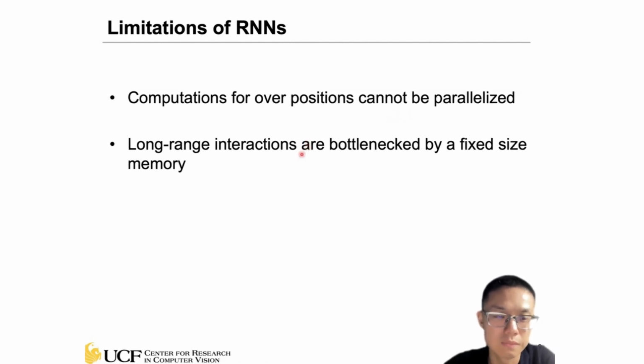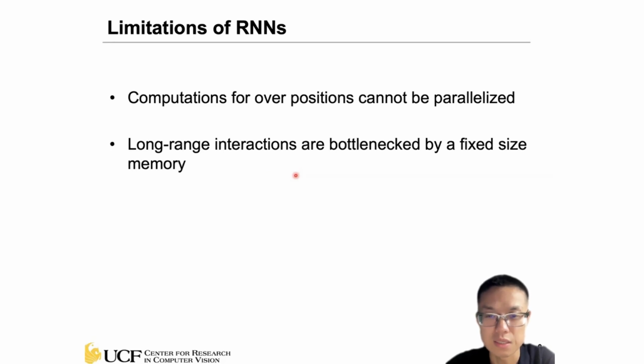The other limitation is that long-range interactions are bottlenecked by a fixed-size memory. When we're dealing with a very long sequence, we are not able to capture very long-range interactions, especially if we have a paragraph, or an entire page or article, which is a very long sequence. It is very challenging to capture these long-range interactions. Another example is data such as videos.